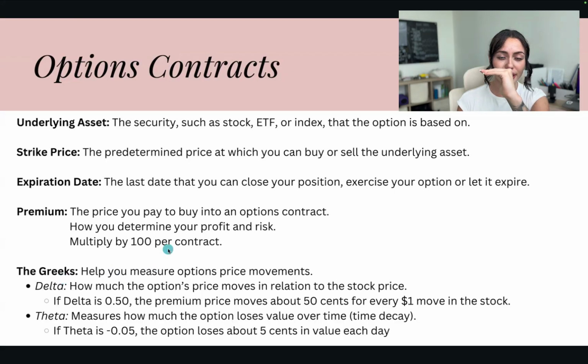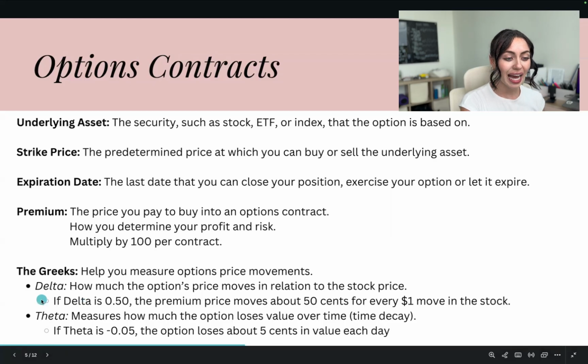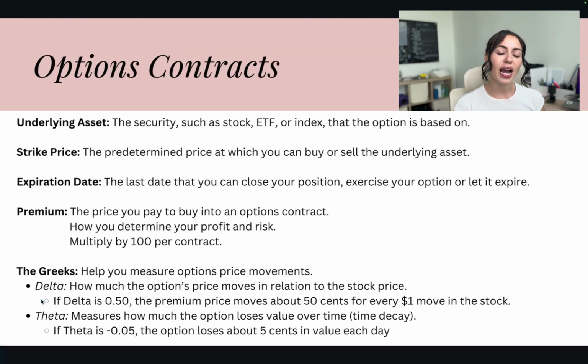As Apple increases, our $2 premium that we paid now is going to cost $2.50, which means our contract just made 50 cents of premium, which is profits, and you have to multiply that by 100, and you just made $50 on that contract.